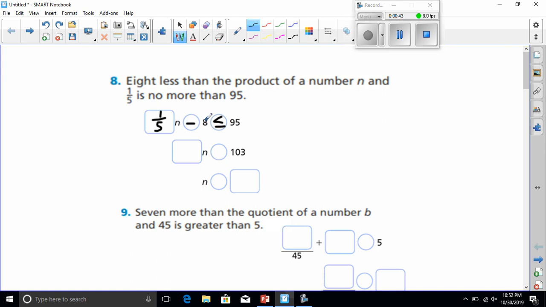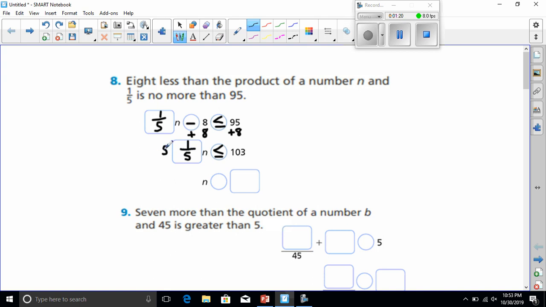Now I know that I'm going to go ahead and add 8 to both sides. And when I add 8 to both sides, that would give me 95 plus 8, which is 103. My symbol still comes down the same way. And since I got rid of this, this is going to still leave me 1/5 n. Now I know that I have to multiply by 5, because 5 is really 5 over 1.